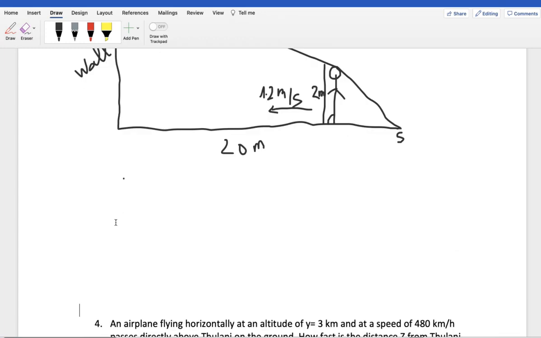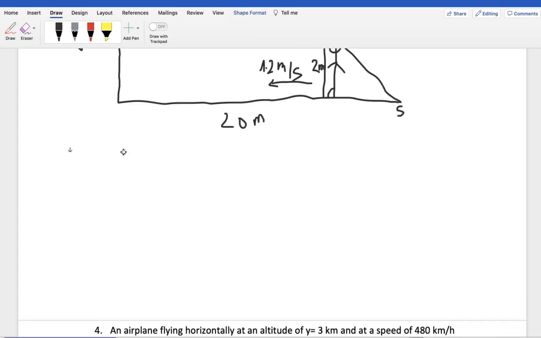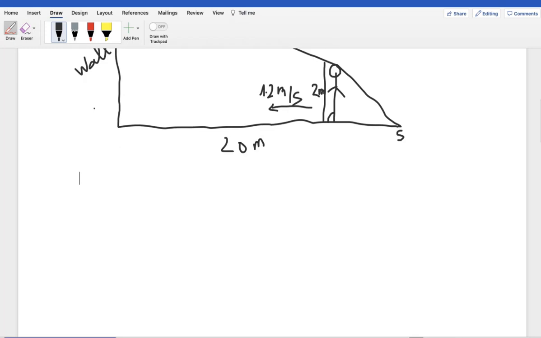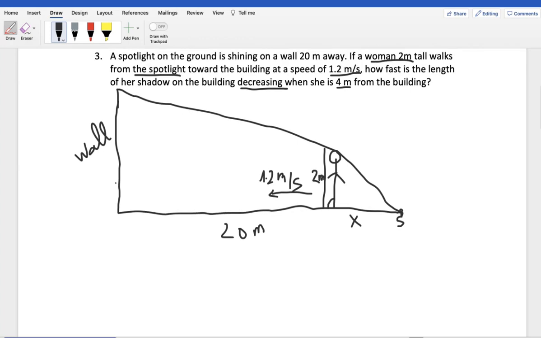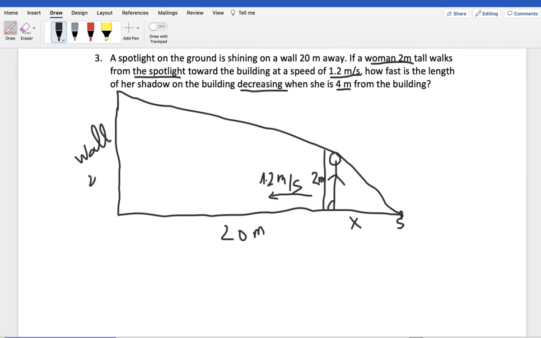If we were to call the distance between where the spotlight is and where the woman is x, and obviously we can call the length of the wall y, and it's in meters, they're both in meters.